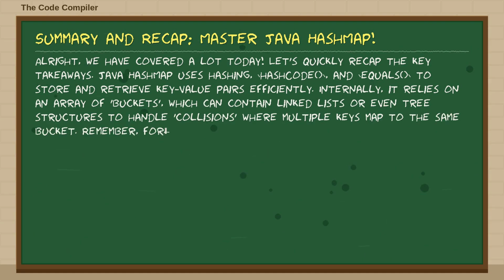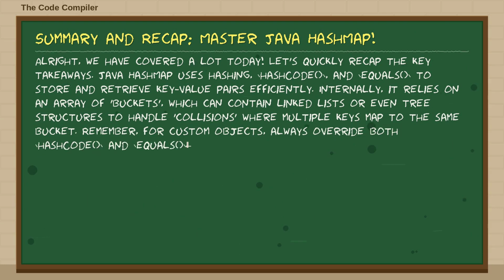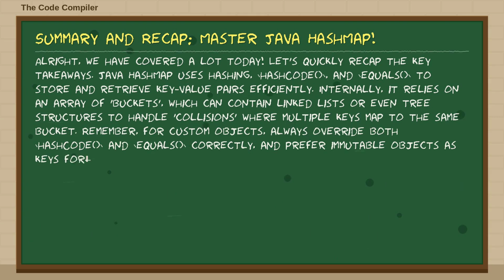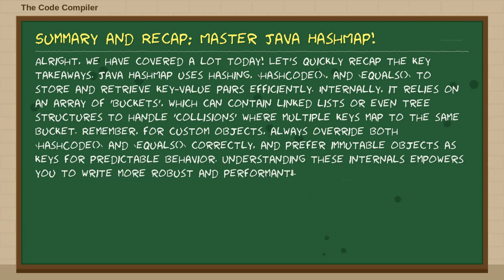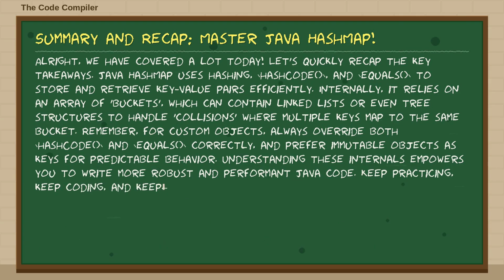Remember, for custom objects, always override both hashcode and equals correctly and prefer immutable objects as keys for predictable behavior. Understanding these internals empowers you to write more robust and performant Java code.